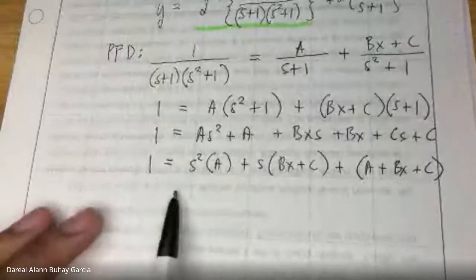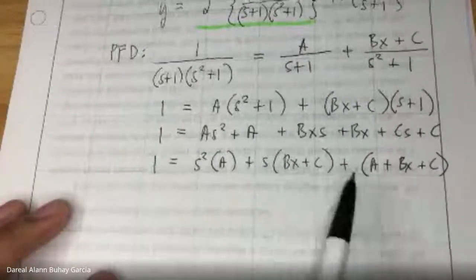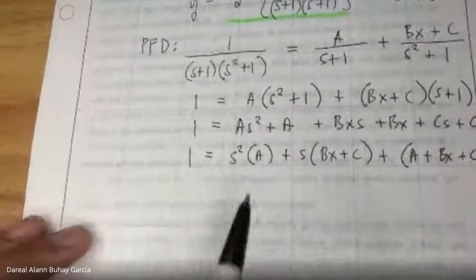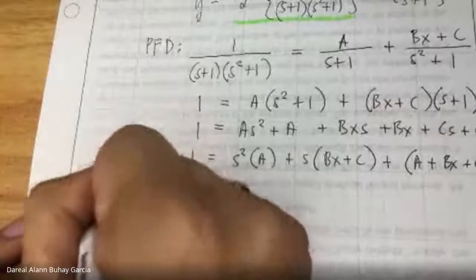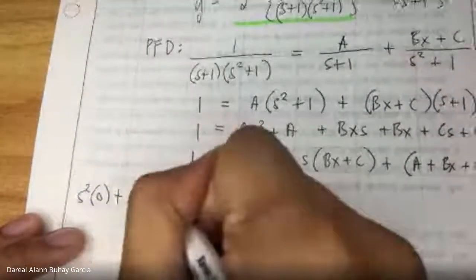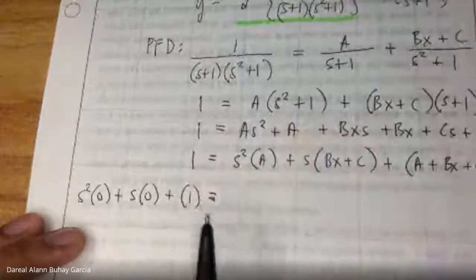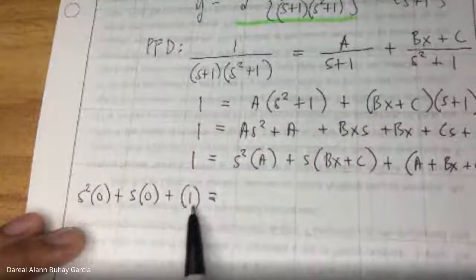If we follow this form, this is s squared times s0 plus s0 plus 1. This one being this one.